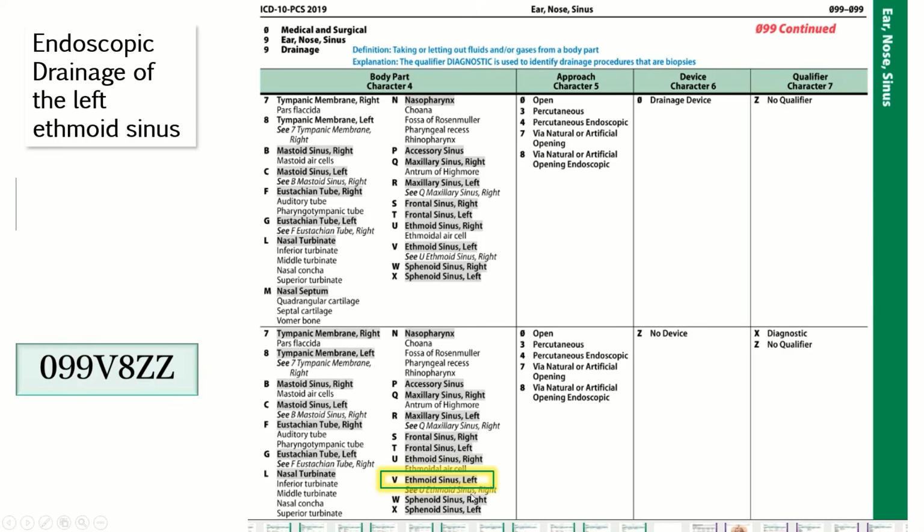Our fourth character will be ethmoid sinus left. Our fifth approach will be via natural or artificial opening endoscopic, so it still stays 8. And then Z, no device. I like this because there was no mention of a device left in the body, and the final character will be Z. So that is my choice for the correct code.